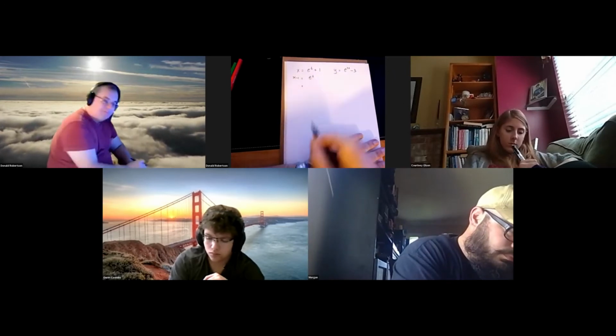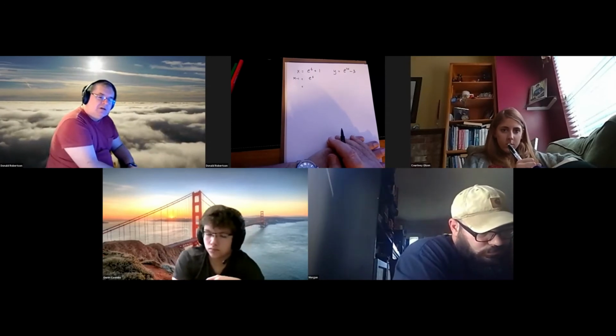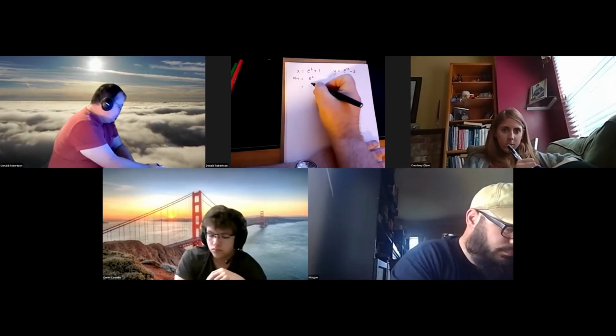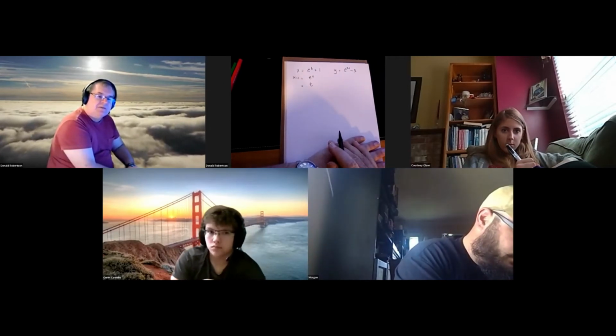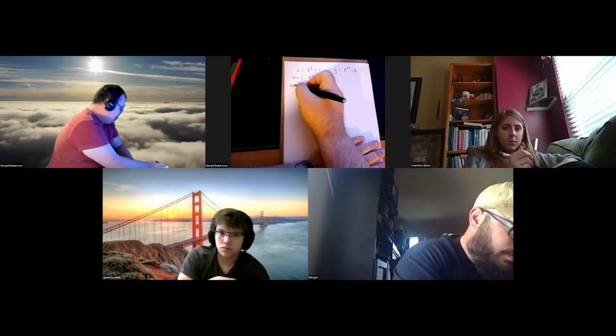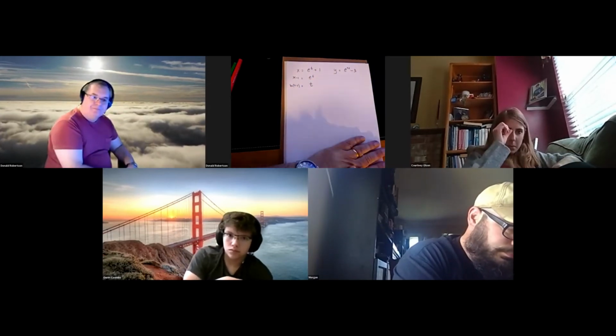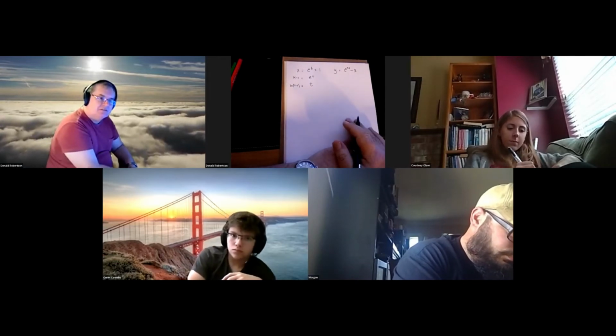And now it's going to get a little bit tricky for you. What would I need to do to both sides to convert the e to the t just into t? Take the natural log. So it's already getting pretty ugly, isn't it? It's that guy.